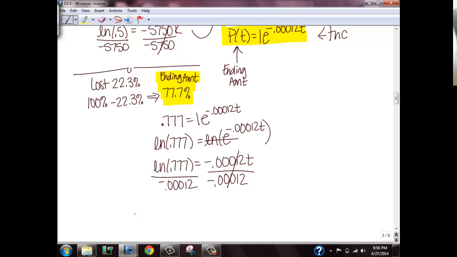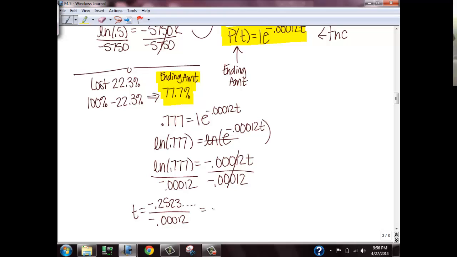Okay. So that means that t is approximately, again, you can do this in steps if you want. You could do ln of 0.777, which should give you approximately negative 0.2523 and a whole bunch of other stuff. And then divide off the 0.00012. If your calculator can do it all in one step, that's good.